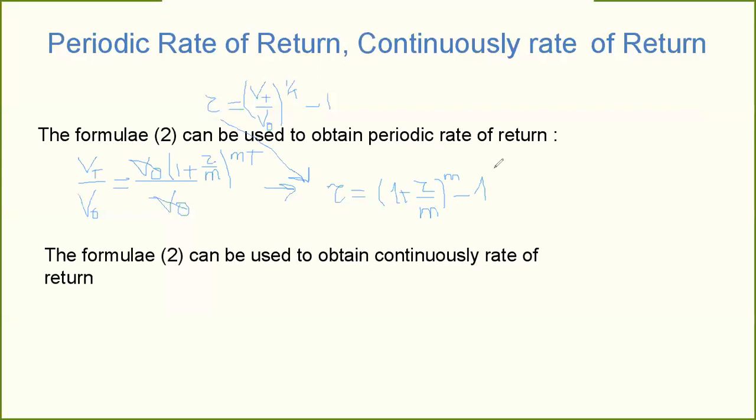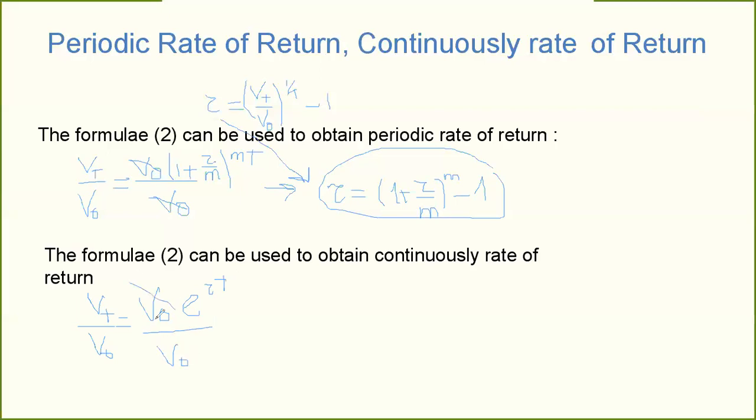So we get this formula for the periodic rate of return. And we can do the same if we would like to get it for the continuous rate. Vt divided by V0, you remember this formula, equals e to the power Rt capital.